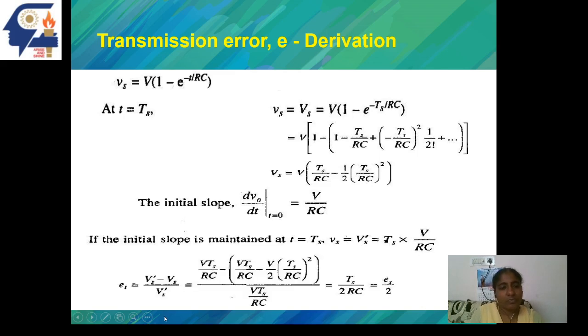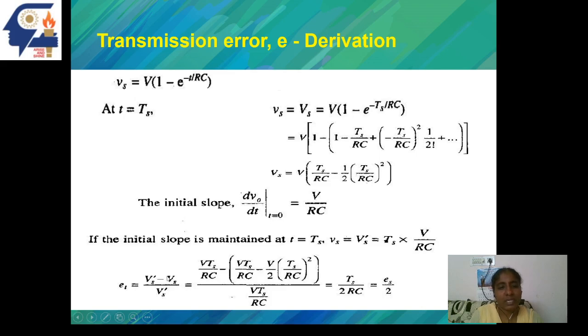So now the formula is initial transmission error. The formula is actual input, the ramp type input, minus distorted output, divided by input. This is ramp type input minus distorted output divided by input.